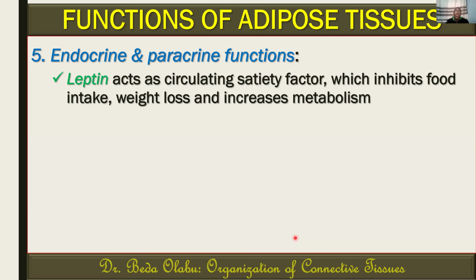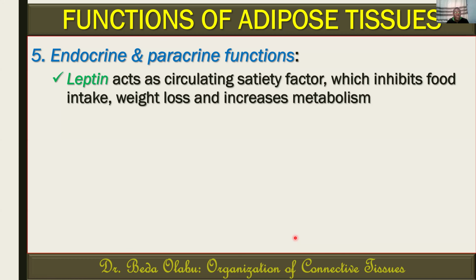This particular hormone has a number of functions, but we can mention a few. It inhibits food intake, so basically making you feel like you don't want to eat. It also inhibits weight loss, generally speaking, and increases metabolism, among other functions that it may have in influencing the metabolism of energy in the body.